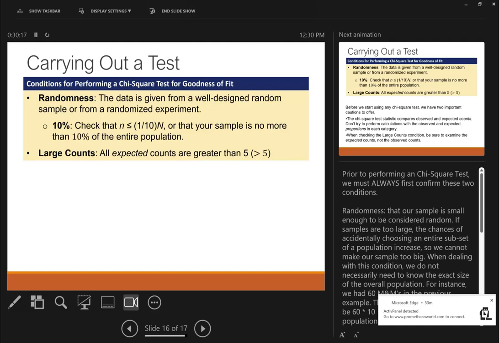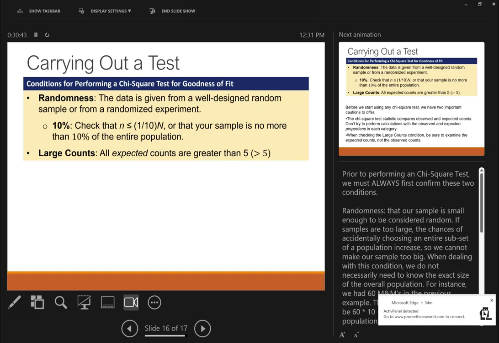Okay, so we mentioned earlier that there were two conditions that we need to check before we can use our chi-squared statistic to draw any conclusion from it. There's two things we need for that result to be valid. The first condition is the randomness condition. The data you sample from needs to be from a randomized experiment.